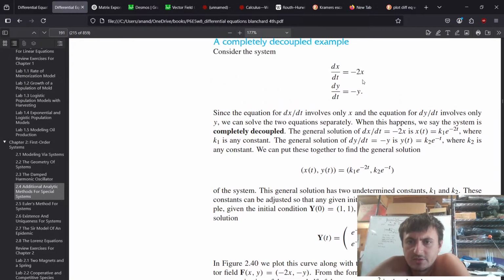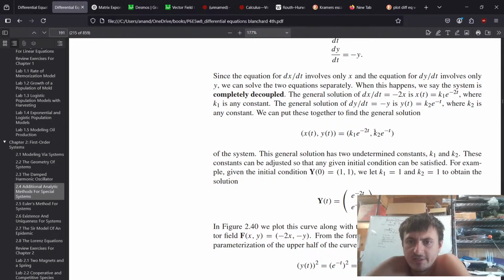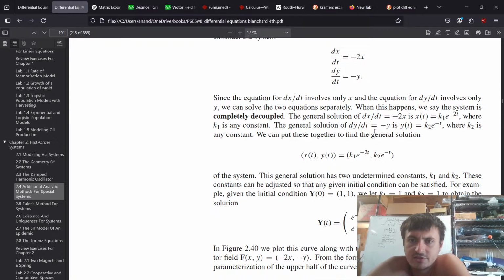All right, so we call it completely decoupled when the coefficient matrix is diagonal, effectively.